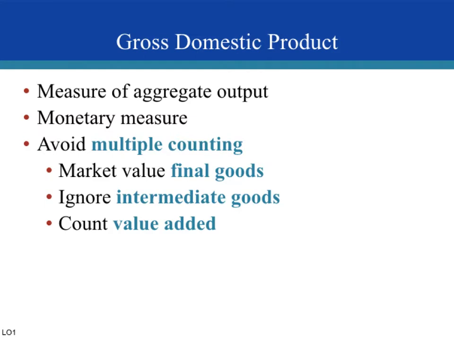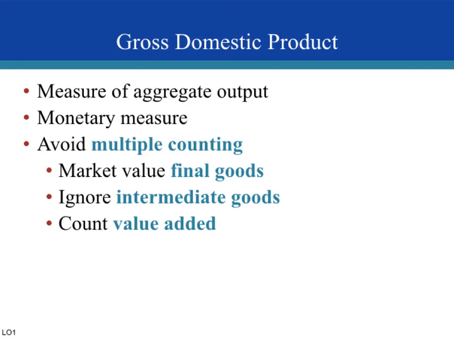I do not include the cost of the wood directly. It is already implied in what I sold the table for. So if I paid $200 for the wood, I sold the table for $300.